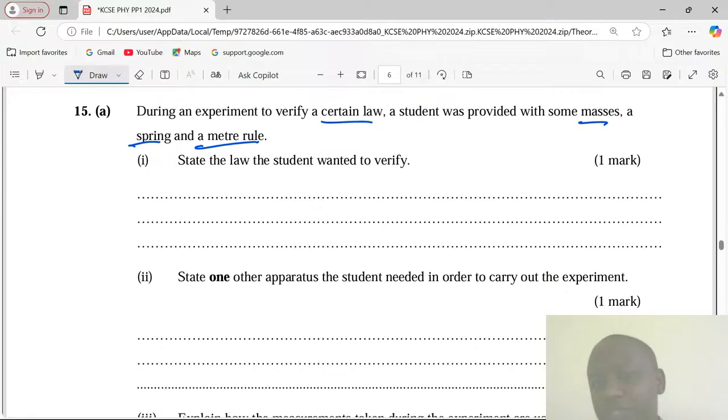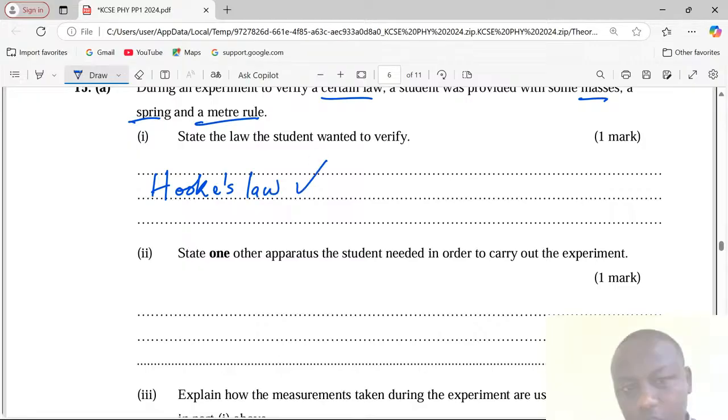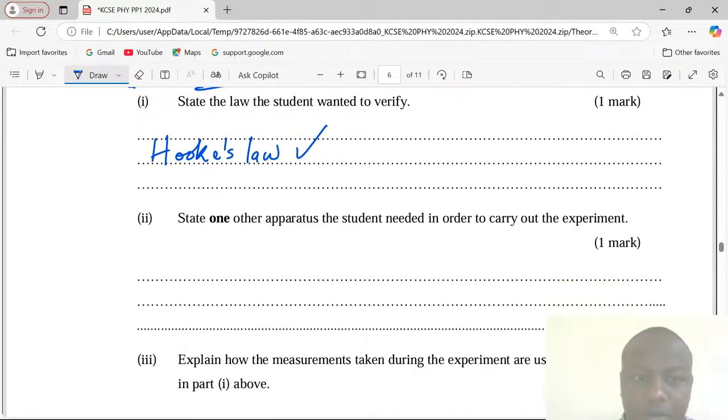So when you see masses and springs, and we can see a meter rule, then definitely we should think about the Hooke's law.